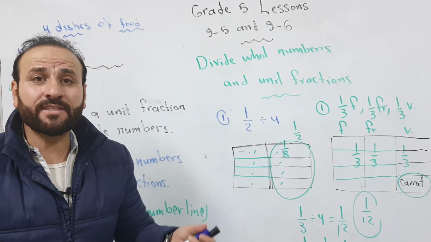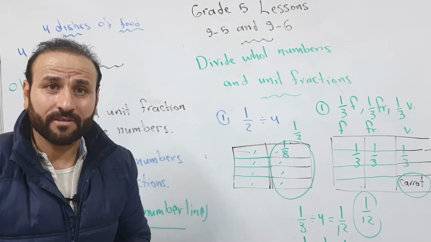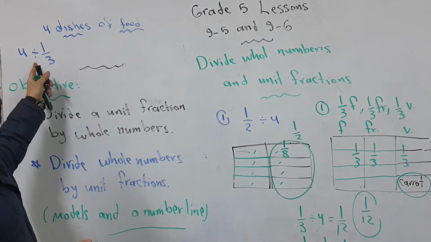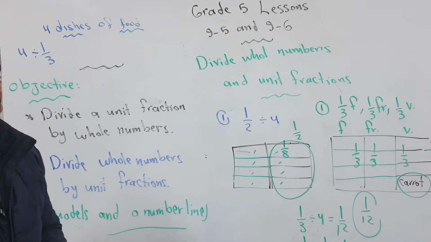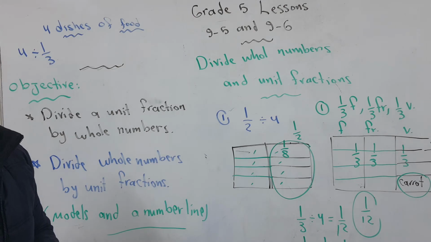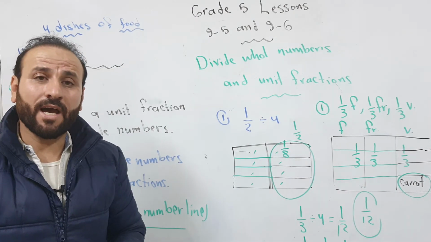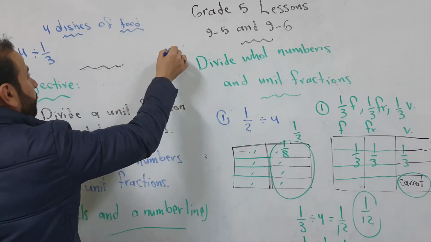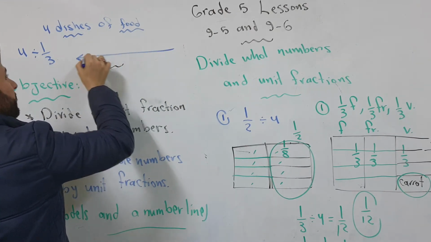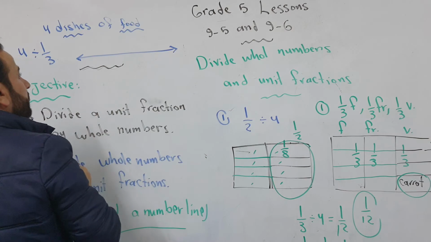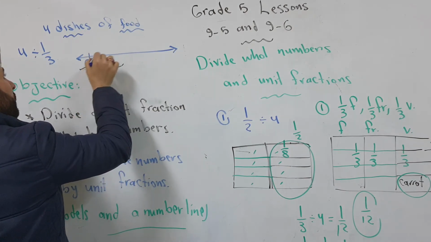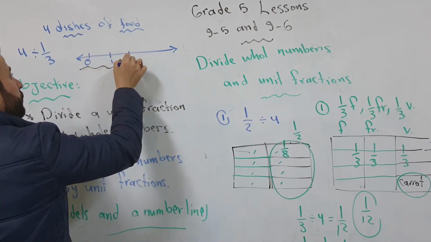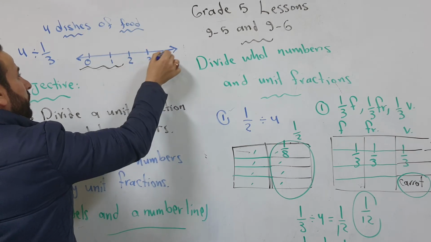So how many friends can I serve? I'm going to divide 4 wholes by 1 over 3. How many 1 over 3s do we have in 4 wholes? Simply, if we draw a number line, we have 0, 1, 2, 3, 4.